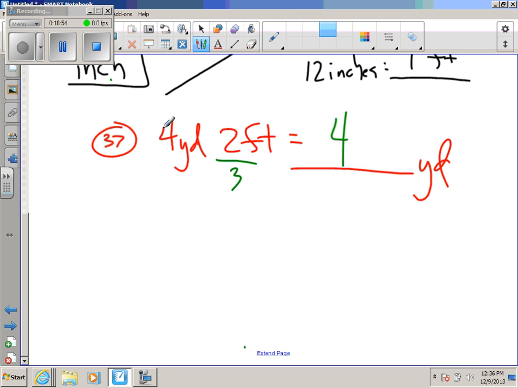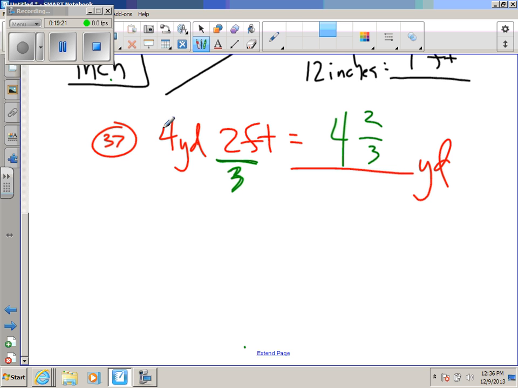I only have 2 of those 3. Does that look like a mixed number? 4 2/3? Because if I had 1 more foot, I would have 1 more yard. So 2 feet of the total 3.